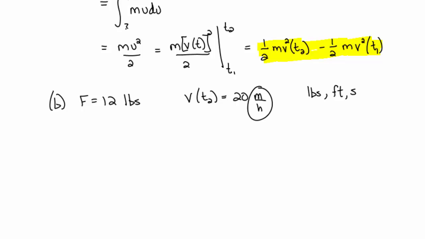We have to convert it to feet per second. So let's see, that's 20 miles per hour, but 1 mile is 5,280 feet. And 1 hour is 3,600 seconds. And I'm going to pause the video just to get a rough estimate here.